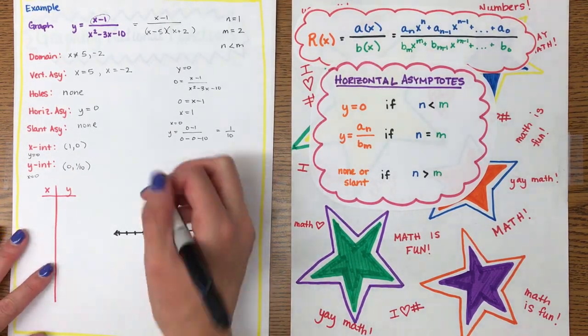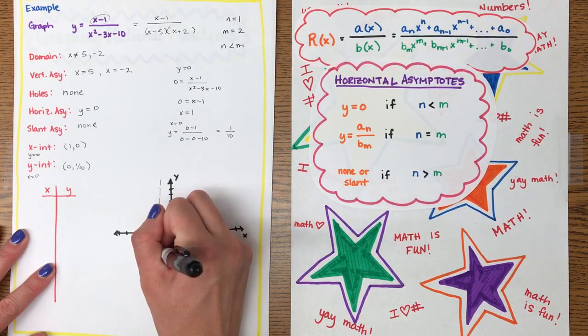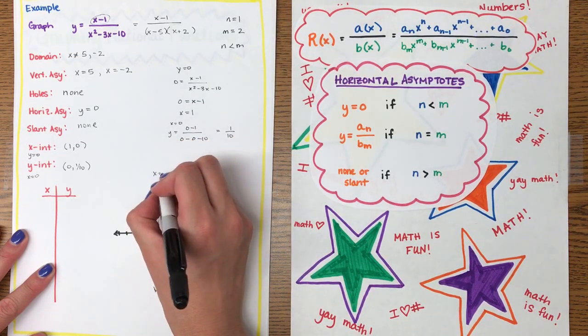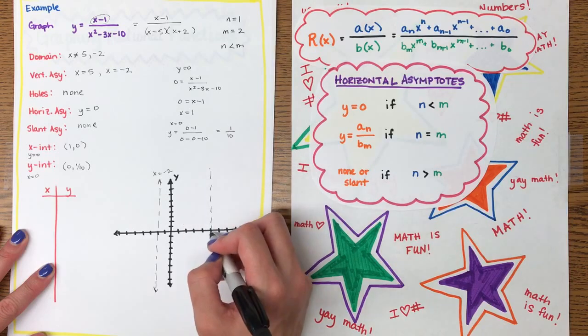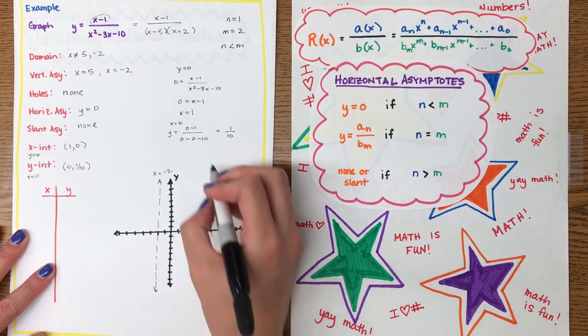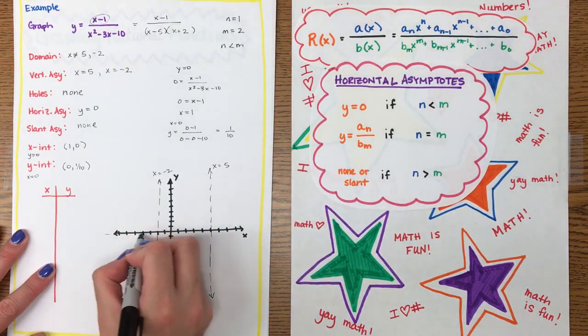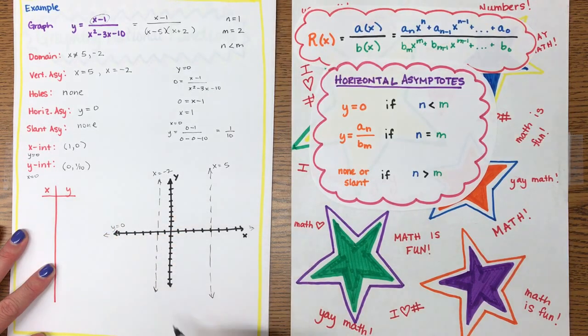All right, I'm going to come in and graph my asymptotes. So here I have x is equal to negative 2, and x is equal to 5. And then I've got y is equal to 0 here.